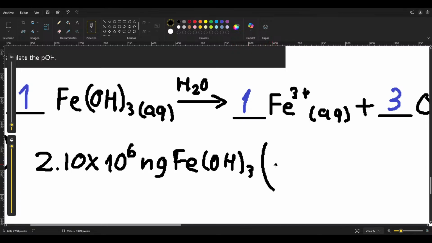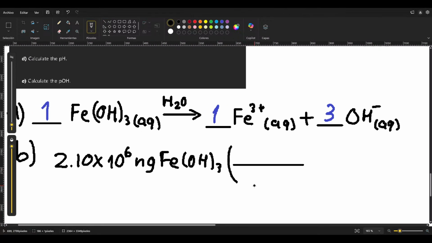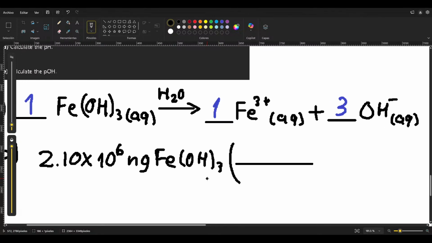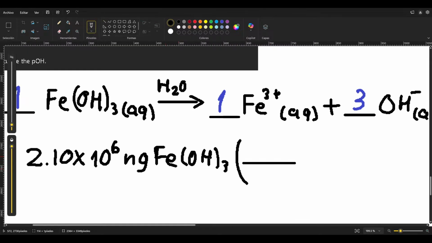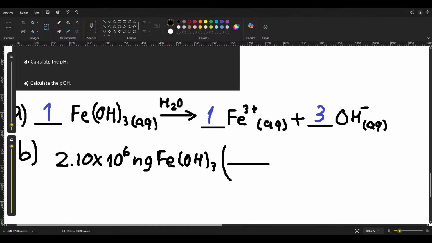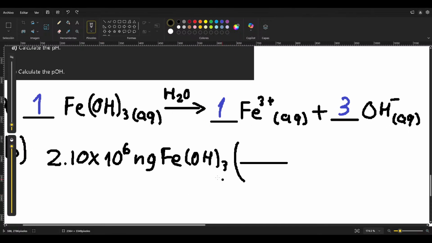I sometimes forget to write the compound in the grams. Yeah, and it's important to write those so the teacher will know which compound we're calculating the molarity for. Exactly, because it's not about any compound, it's about this compound specifically.